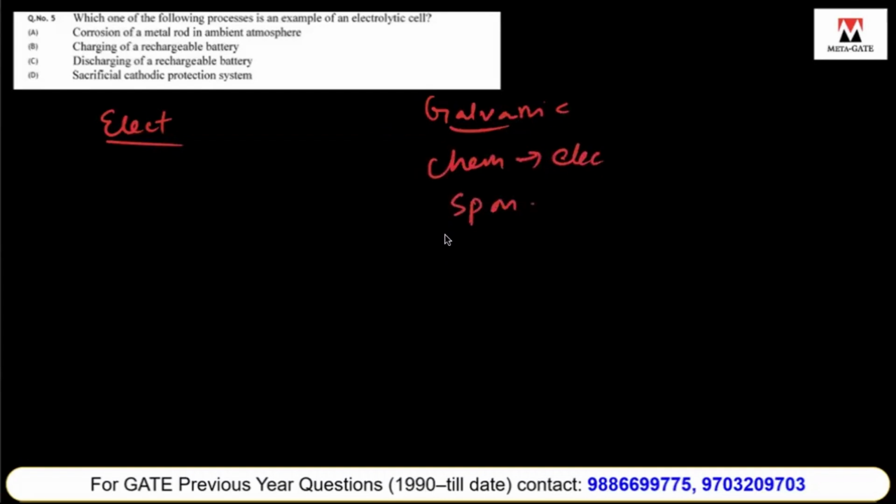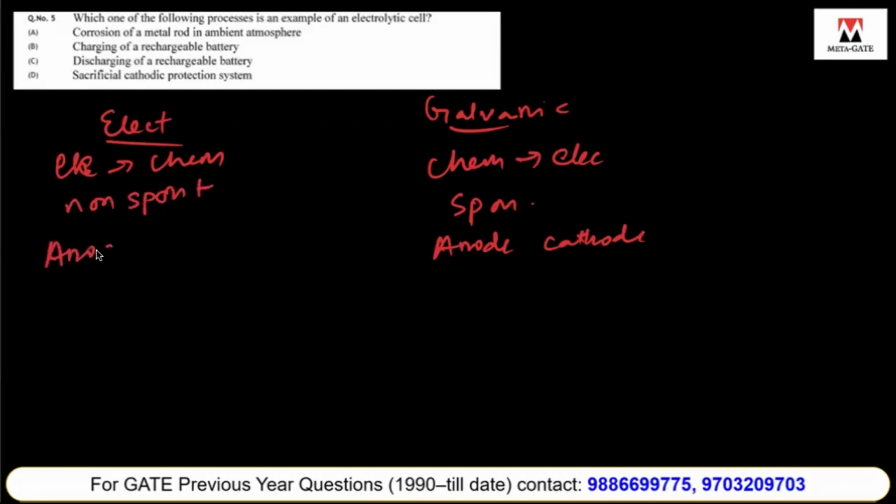Here there will be an anode and a cathode. In electrolytic cells, the purpose is to convert electrical energy into chemical energy. The reaction is non-spontaneous, not as fast as in galvanic cells, and there will be an anode and a cathode.